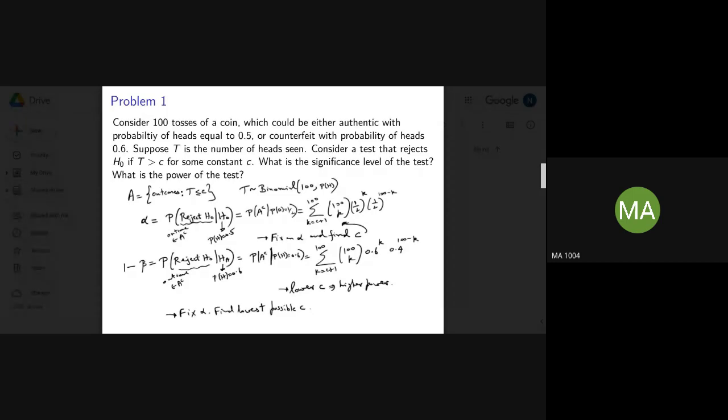That can also be done, but because we have a basic example here with 100 tosses, it is possible to work directly. So we have to find the probability that we are rejecting H naught, and we reject H naught when T is greater than C. So you have to do the summation of n choose k p to the power k and 1 minus p to the power n minus k, where k varies from C plus 1 till 100. That is what has been done here.